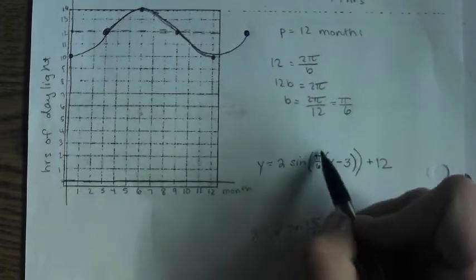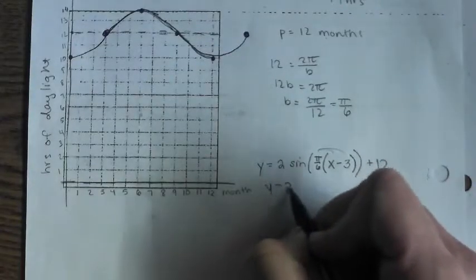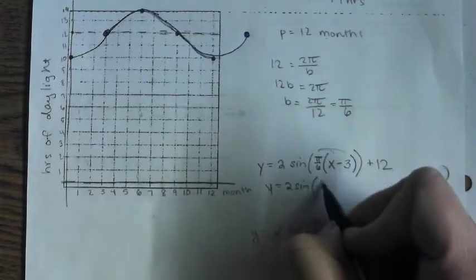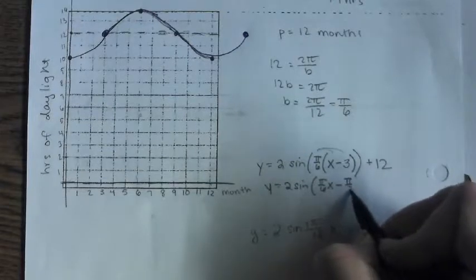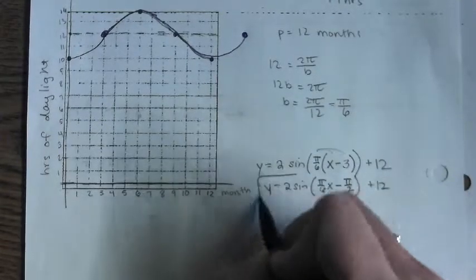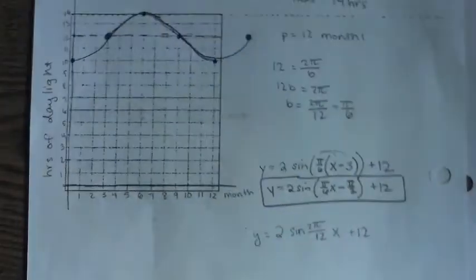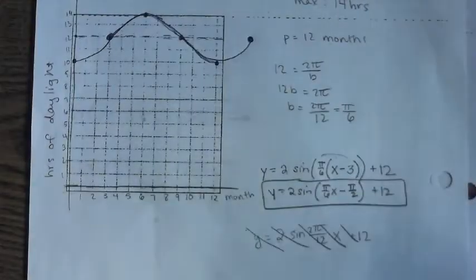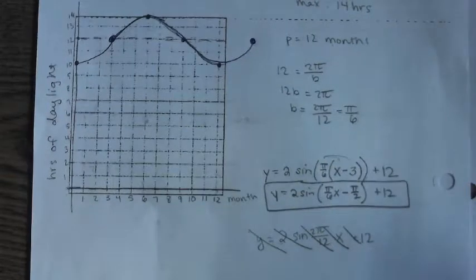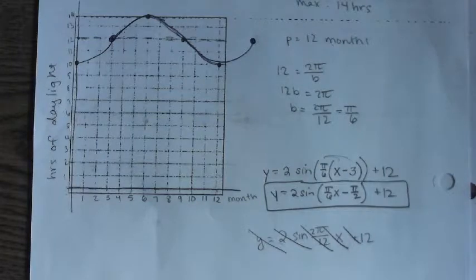So if you then distribute, we have pi over 6x minus 3 pi over 6, which will be pi over 2 once simplified. No, I'm fine with that. Unless it's multiple choice, obviously, and you're searching for a different version of it.